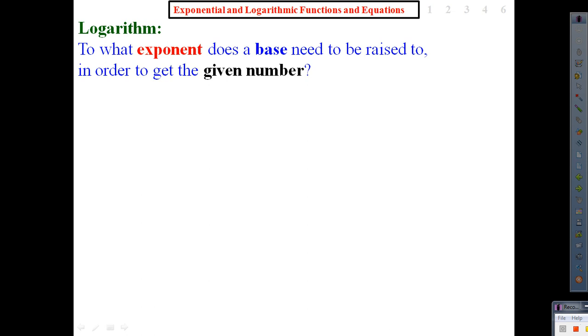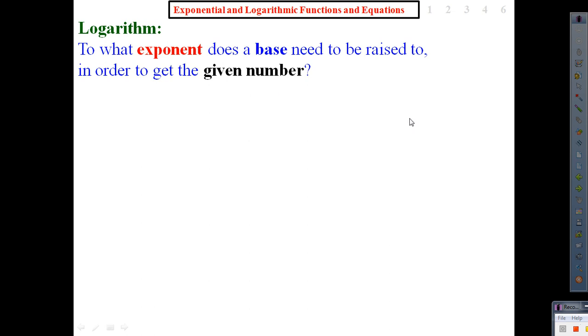However, I wrote it in a question format because I think it's better to understand in that way. So I wrote, to what exponent does a base need to be raised to in order to get the given number?